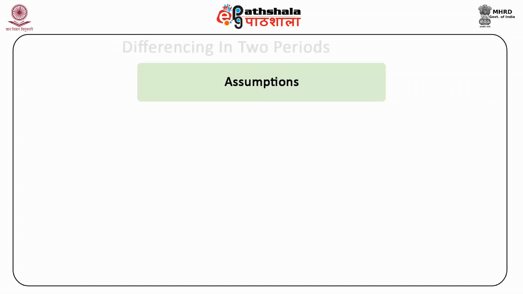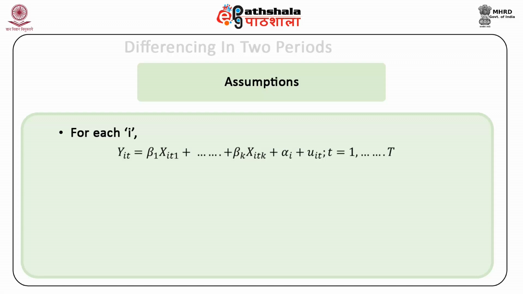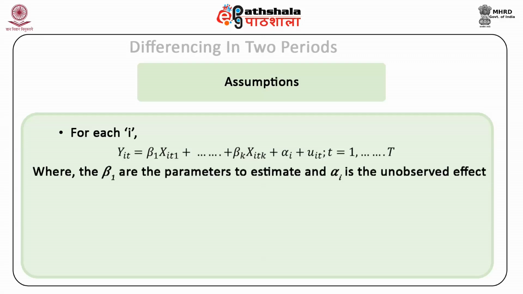For example, the first is that for each i, y_it is equal to beta 1 times x_it1 plus so on up to beta k x_itk plus alpha i plus u_it, for t ranging from 1 to capital T, where the beta 1 up to beta k are the parameters to estimate and alpha i is the unobserved effect.